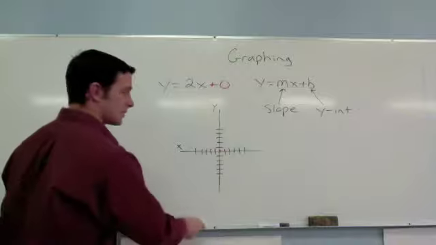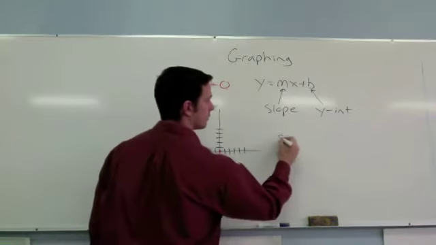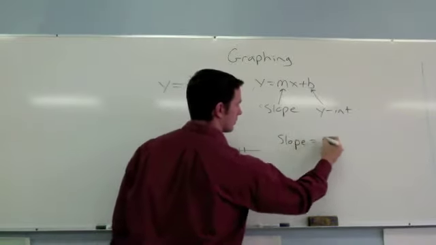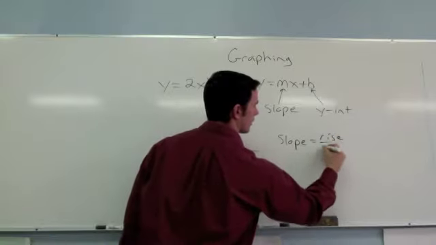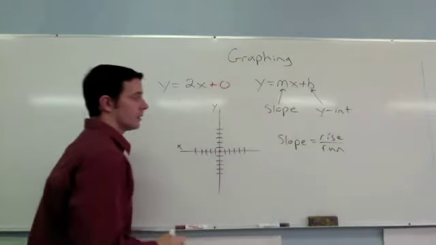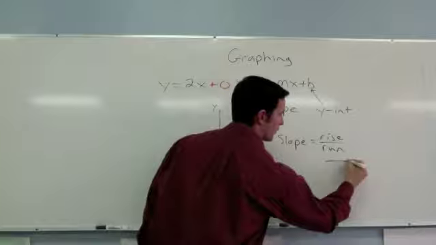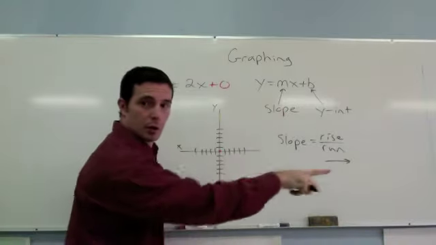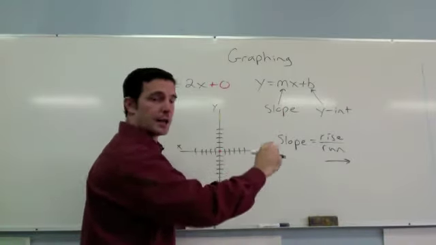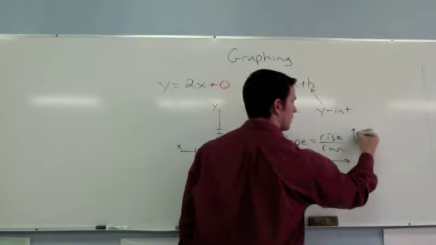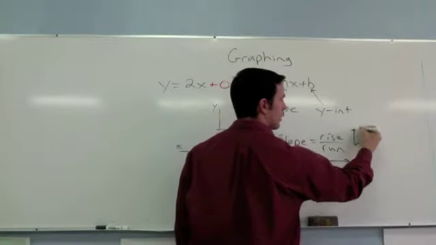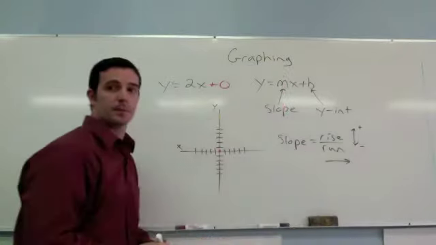So my slope again is given as rise over run. Your run is going to go this way. So your run goes to the right. Your rise is going to go up or down, depending on whether it's positive or negative.